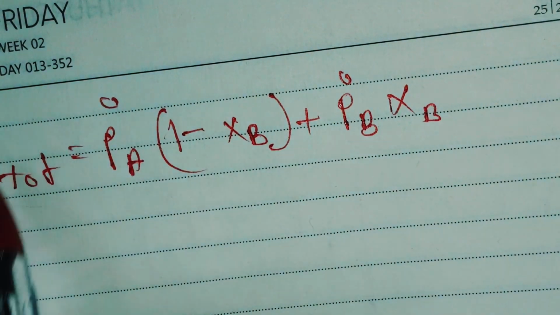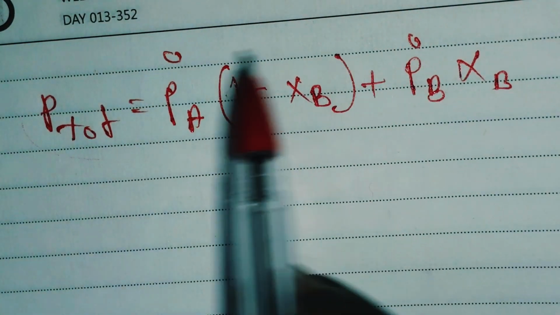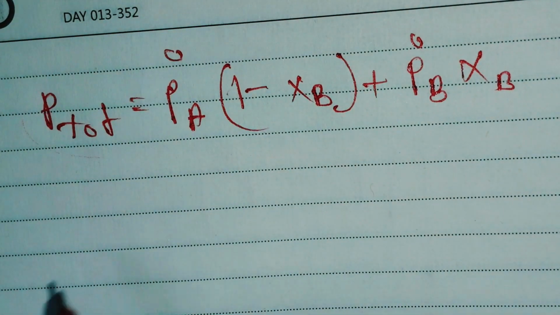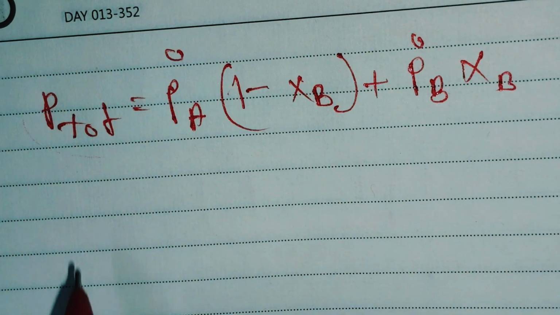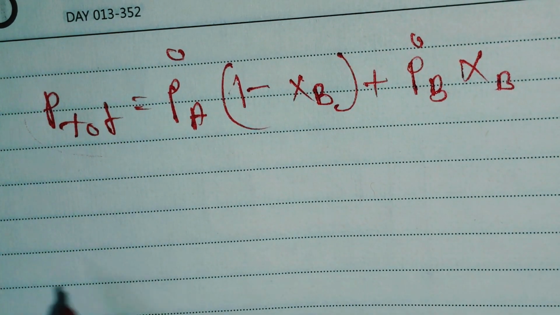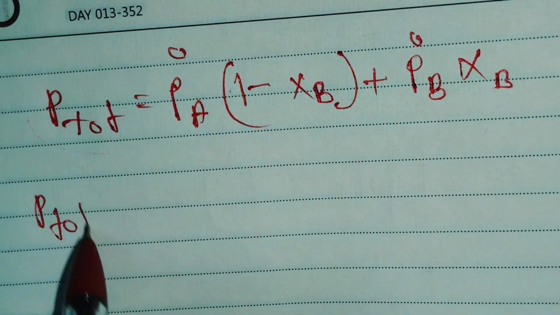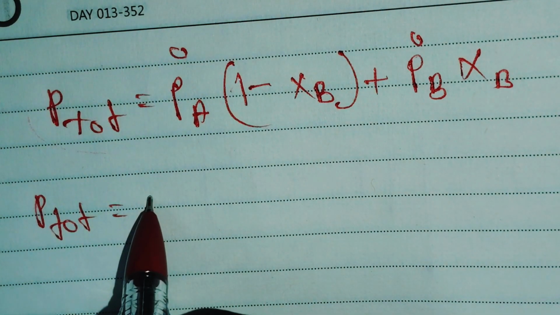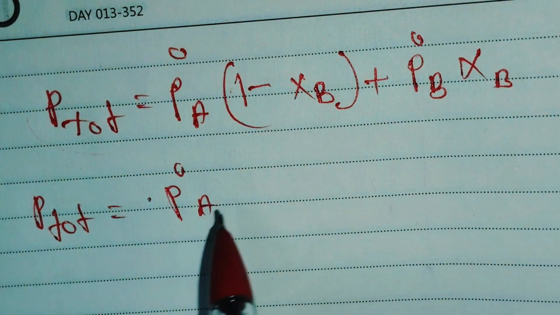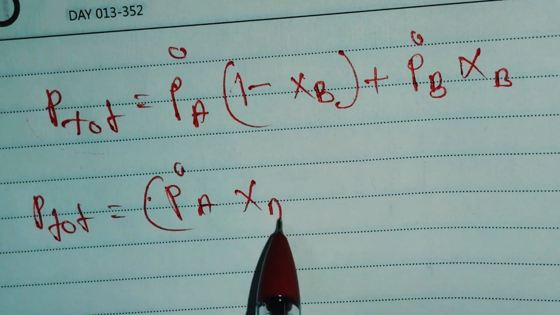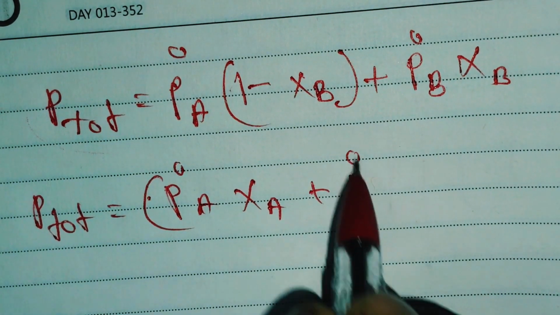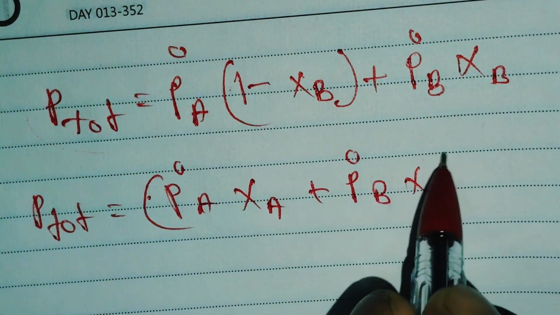Finally, this formula is rearranged, and we get the total pressure is equal to P naught of A X of A plus P naught of B X of B.